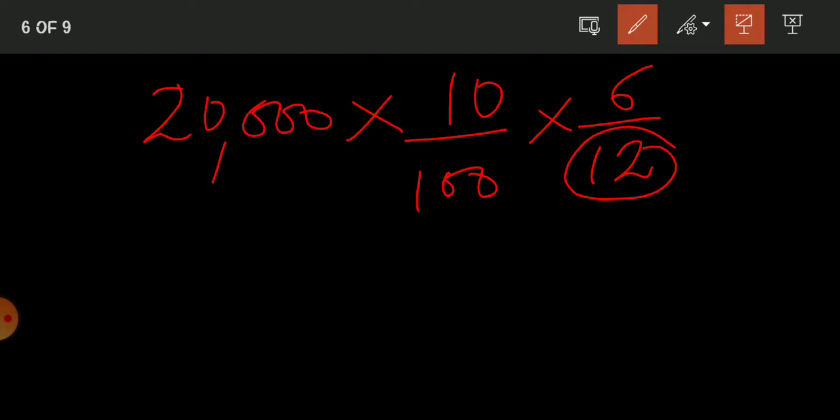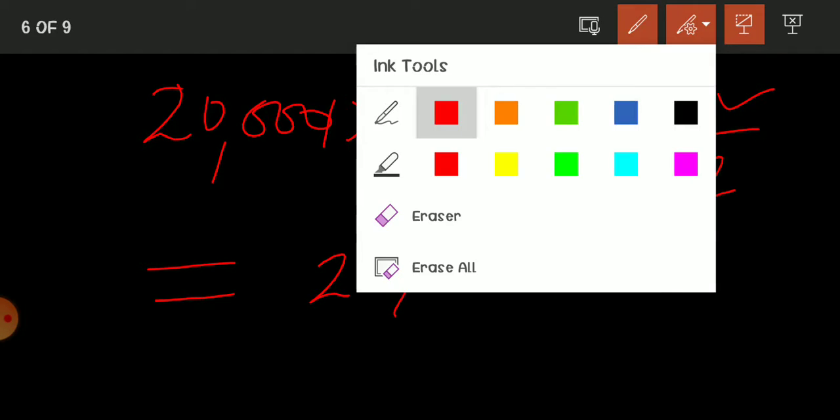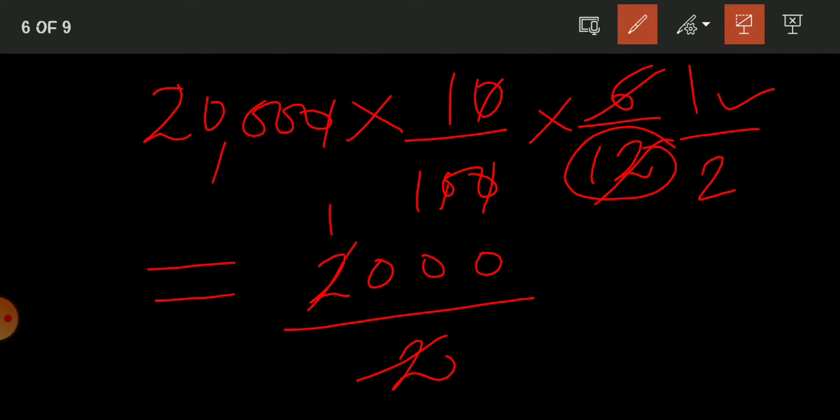Okay, solve this. 6 1 is 6, 6 2 is 12. It is quite easy to calculate depreciation. Divided by 2, only 1,000 you had to charge for this year.